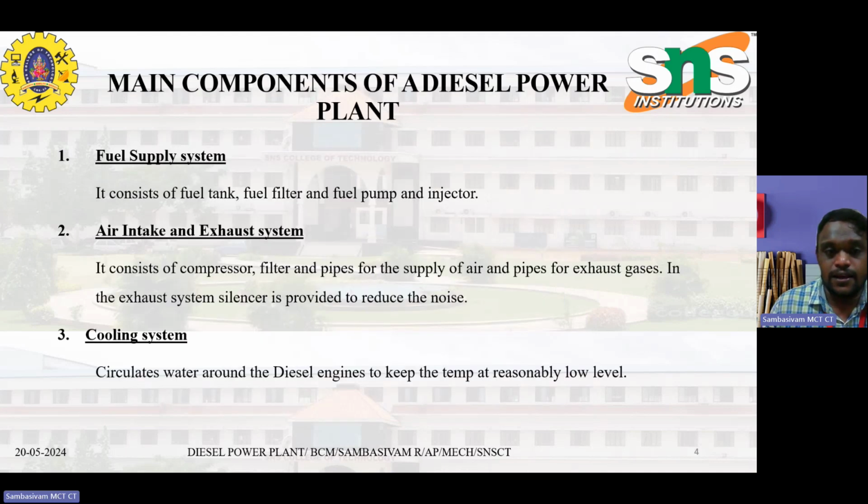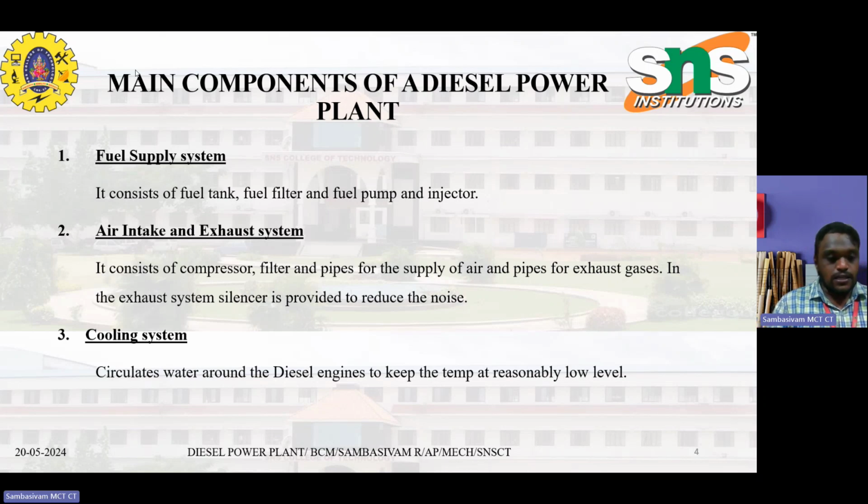As I said, the main components of the diesel power plant consist of the fuel tank, fuel filter, fuel pump and the injectors. The air intake and exhaust system consist of the compressor, the filter, and pipes for the fuel supply or pipes for exhaust gas. In the exhaust system, a silencer is provided to reduce the noise.